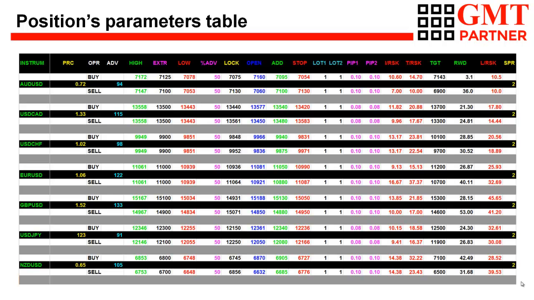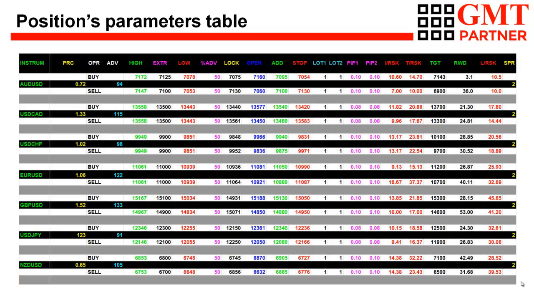As a result, the trader will get a new set of technical parameters of the trade: all price levels needed for setting pending orders, open, stop loss, as well as target number 1. In addition, this table can also be used for calculation of the lot size, potential profit and risk of the trade.